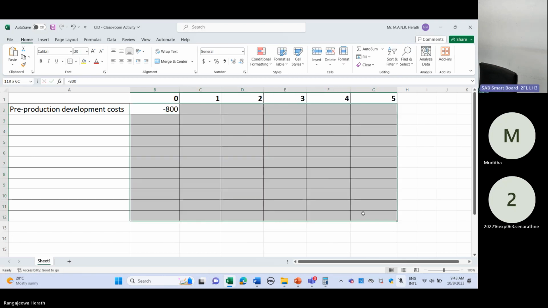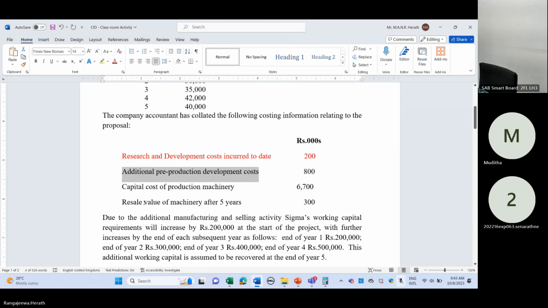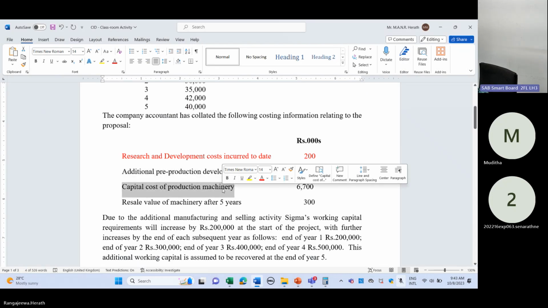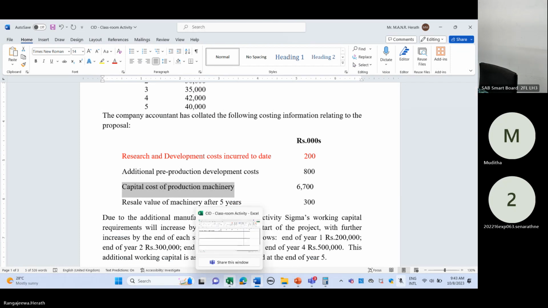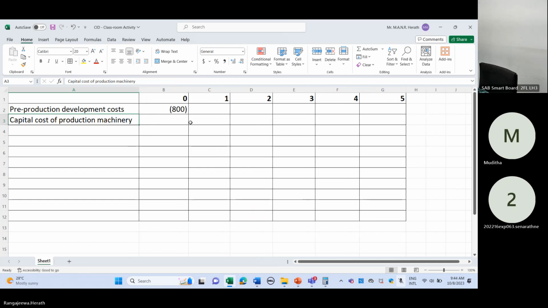And the cost of the production machine, 6,700.